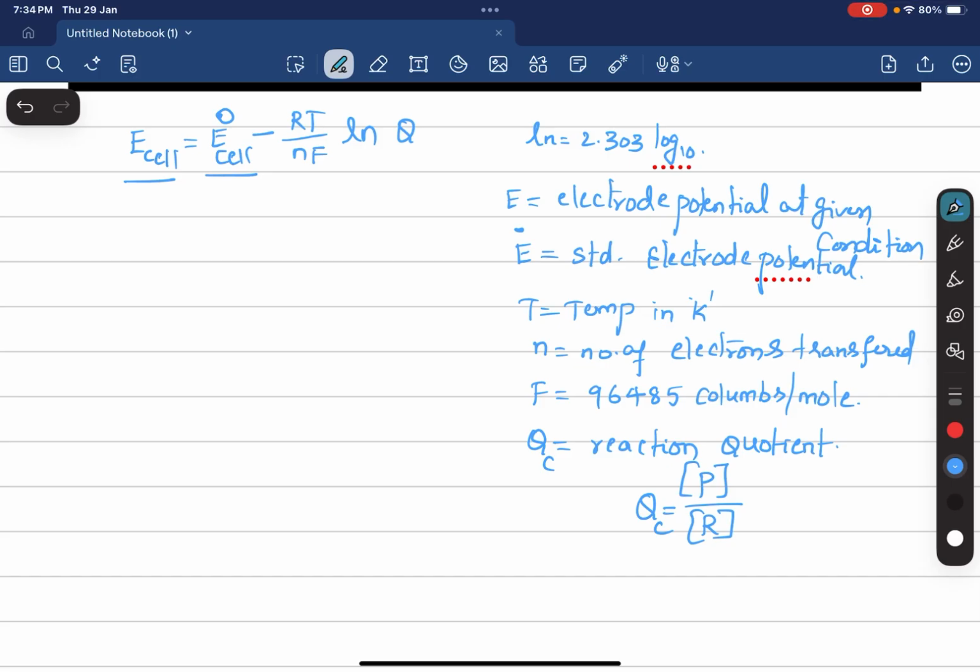We can get the equation from thermodynamic formulas, or from the Gibbs free energy relation. You studied this equation in 11th thermodynamics chapter: delta G equals delta G naught plus RT ln Q. Here delta G is the Gibbs free energy at other than standard conditions.